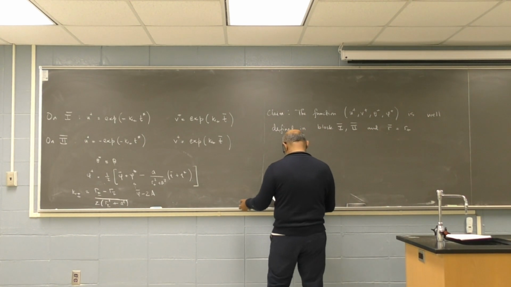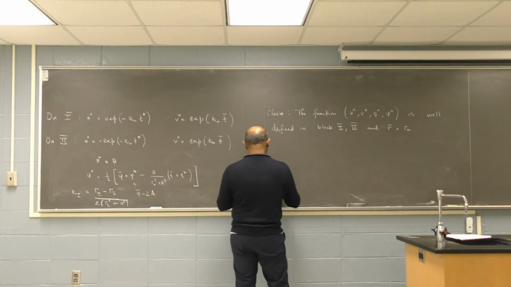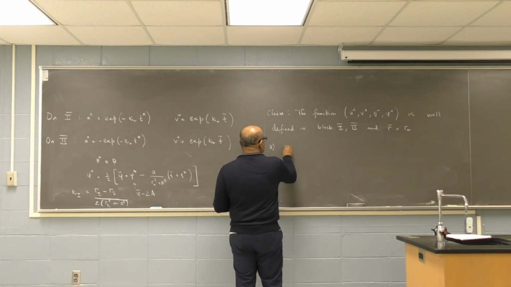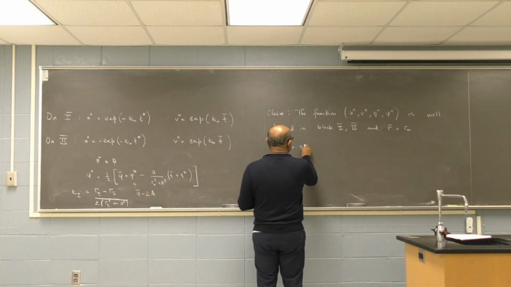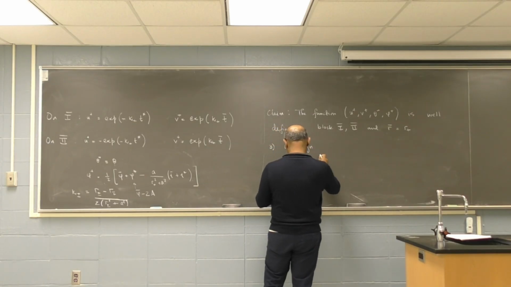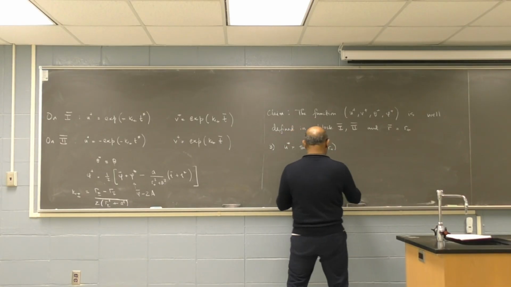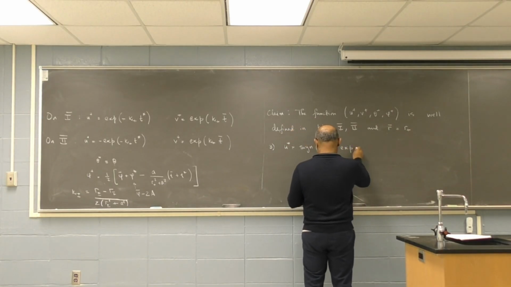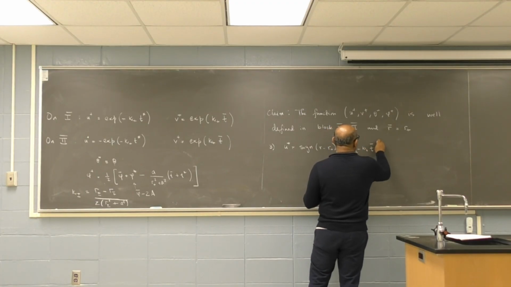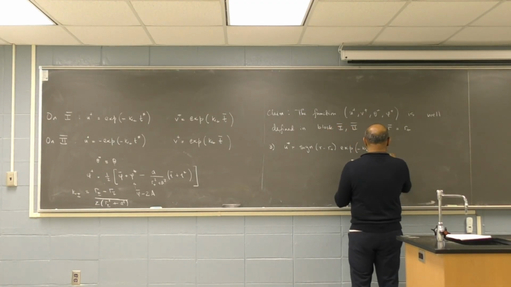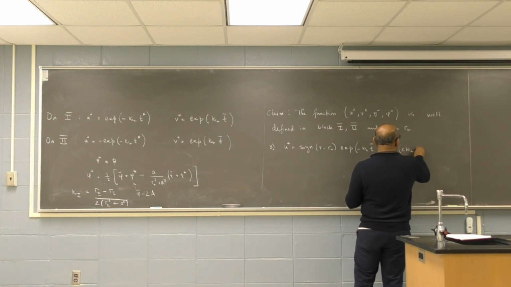So what am I trying to do here? So point 3. First of all, note that this is the sign of R minus R plus times e to the minus kappa plus T bar times exp 2 kappa plus.